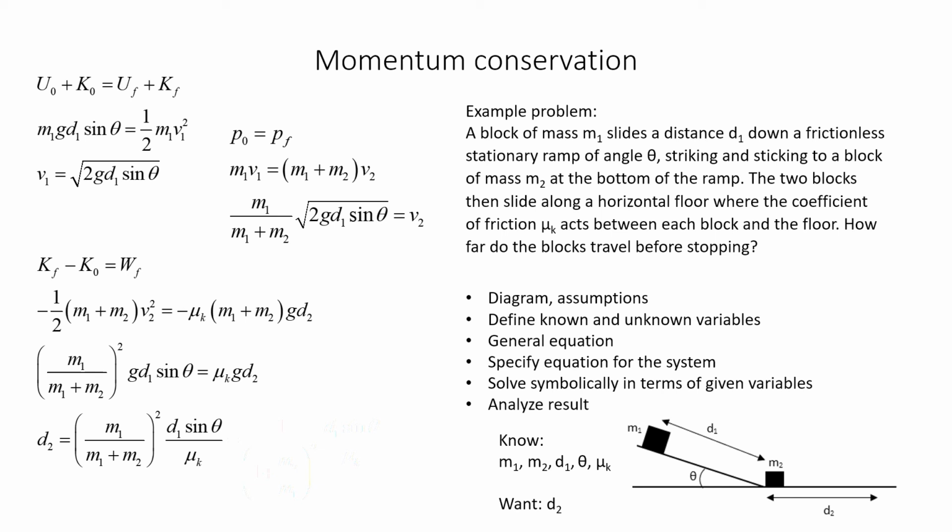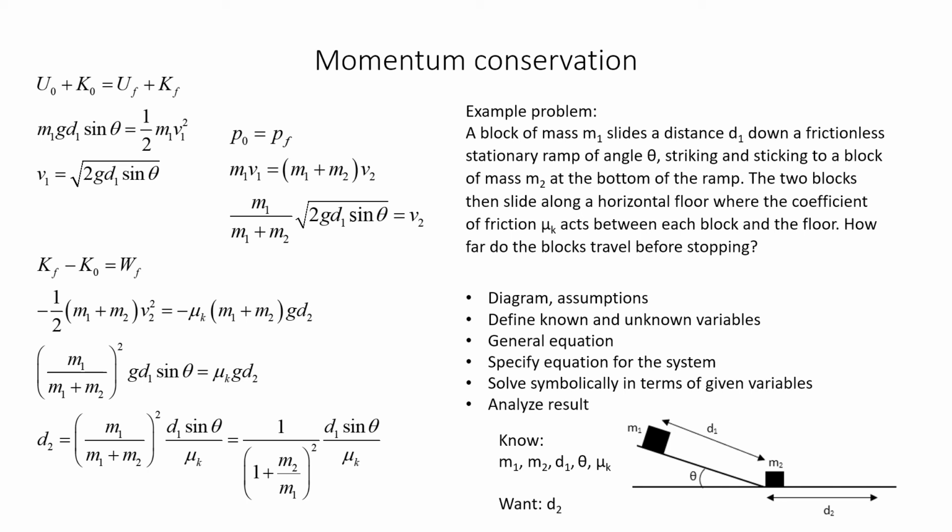My terms of g are going to cancel on both sides, and solving for d2, I just divide through by mu k. I can again do the trick of dividing through by m1 to get a factor that's just a ratio of m2 and m1. That makes it easier to analyze.